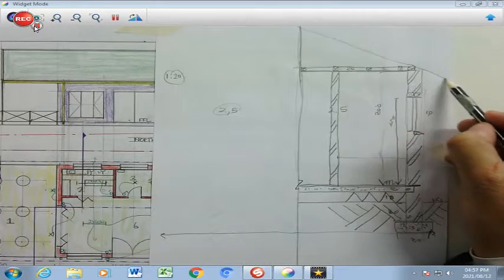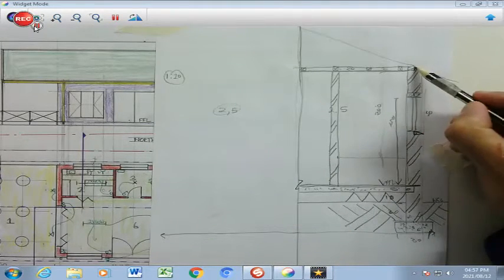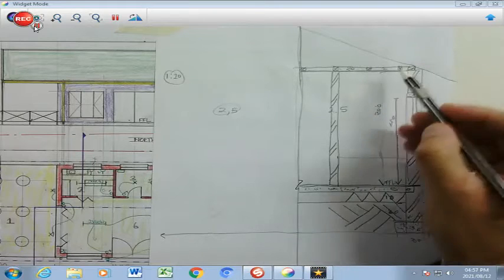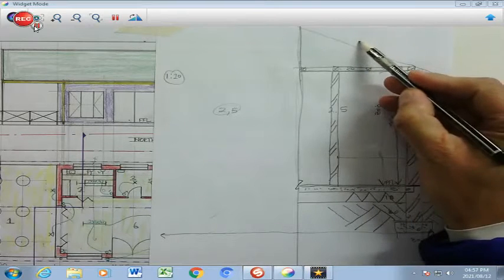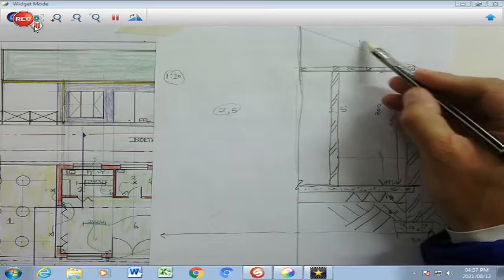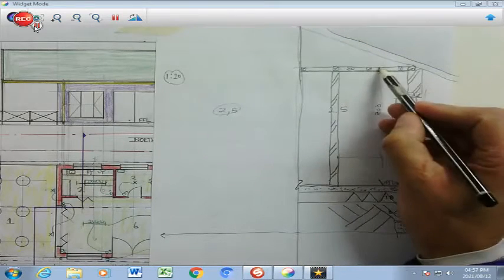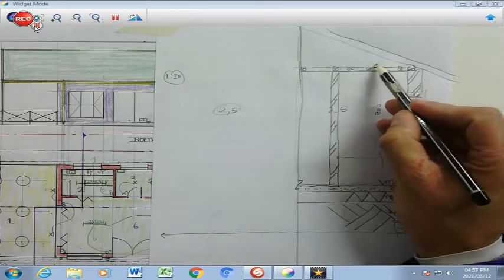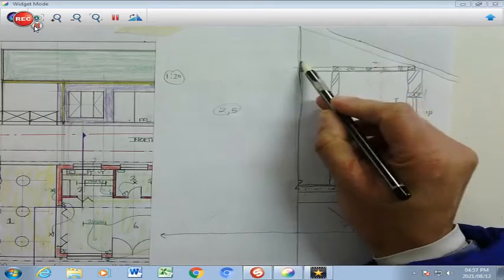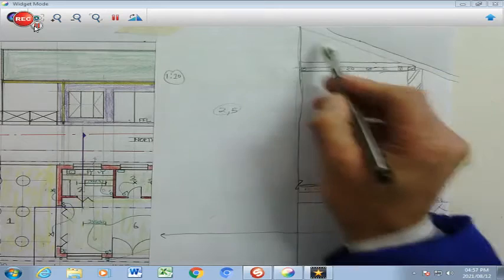And then I'm going to extend that line a little further, but remember it must go through that point over there. I'm going to have 6 millimeters on top here to form my rafter, and I'm going to measure 6 millimeters on top of this line here to form my tie beam.